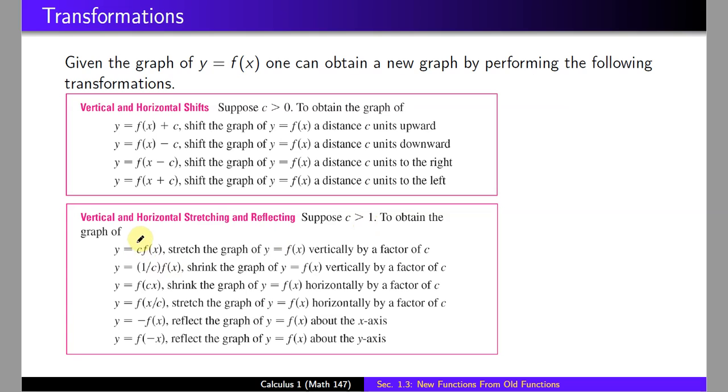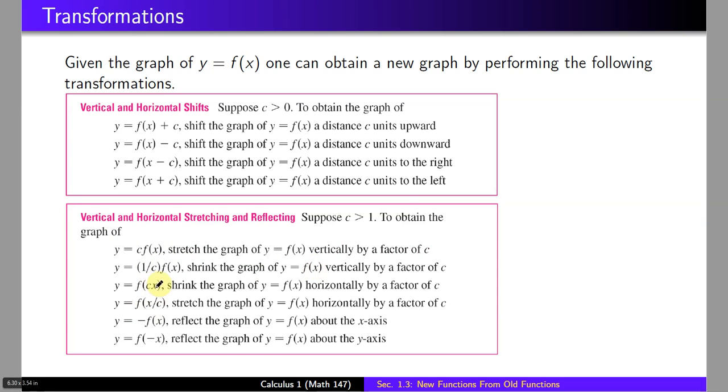So just like before, if you're acting outside of the function here, if we're multiplying by c, or multiplying by 1 over c, excuse me, then you're either going to stretch or shrink vertically, and it's going to act the way you think it would act. So for example, if you're multiplying the function by 2, you're going to stretch it vertically by that factor. Whereas if you multiply by a half, you're going to shrink it by that factor.